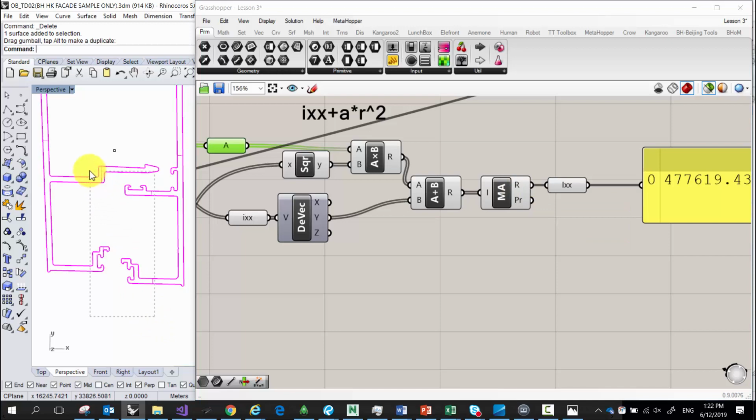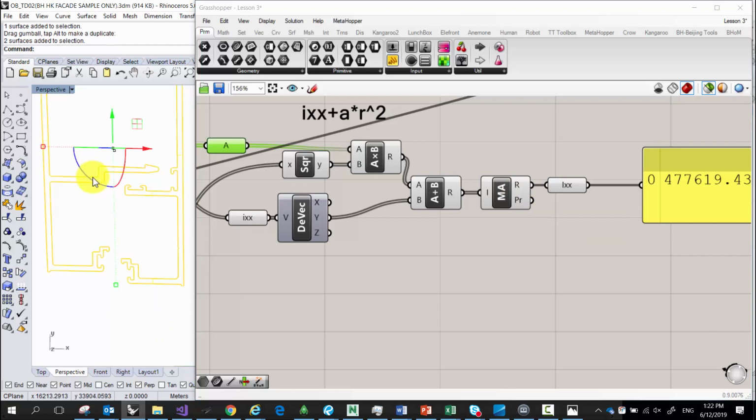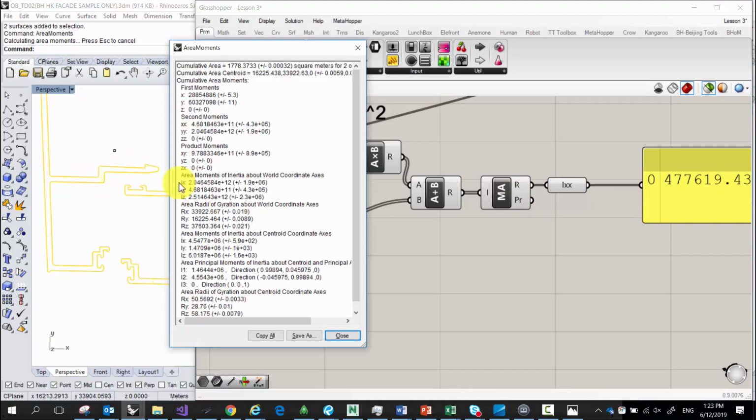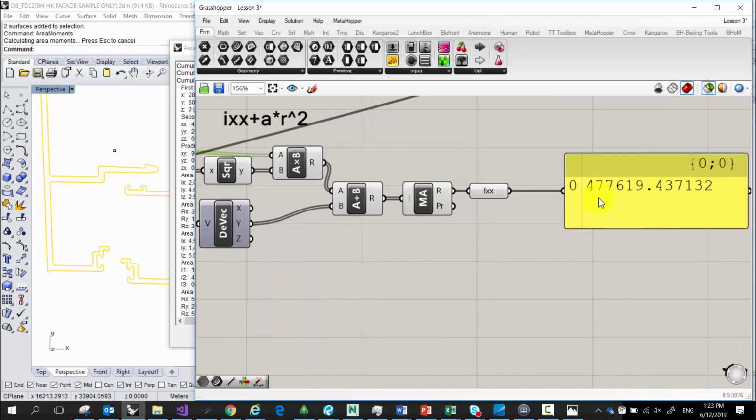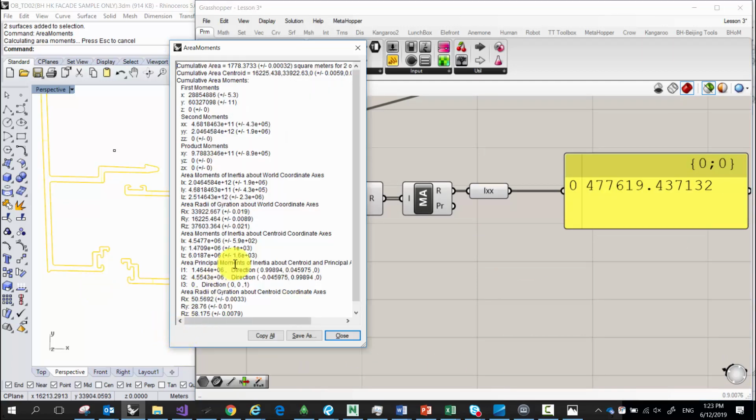Okay, let's see again. I think there's still a problem. .45, and this is to the 5th. So we're off by a factor of 10 if we believe this guy. Did I grab anything inadvertently? Area moments about the centroid.